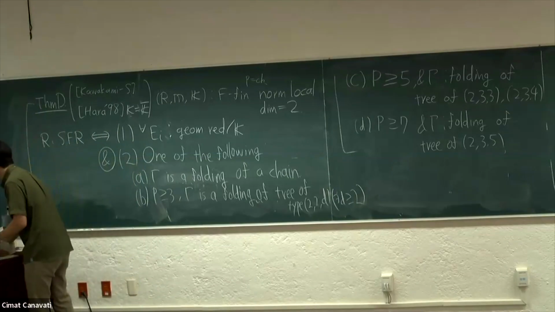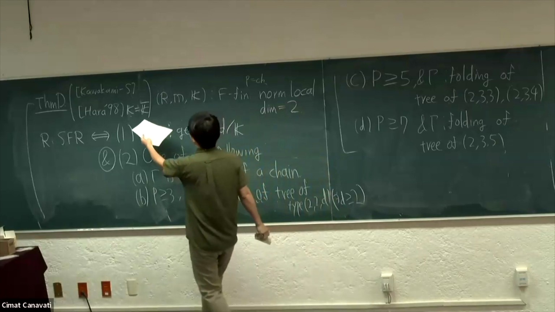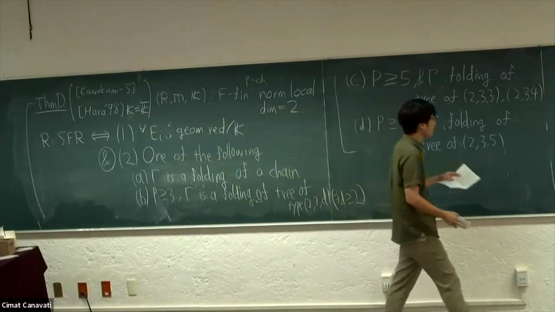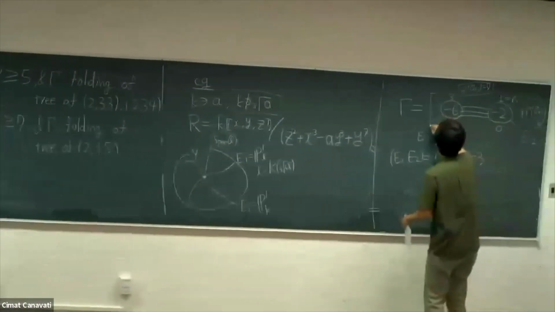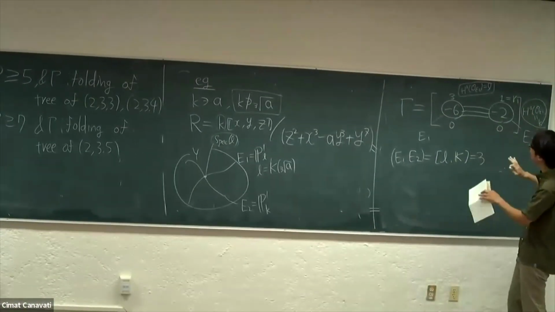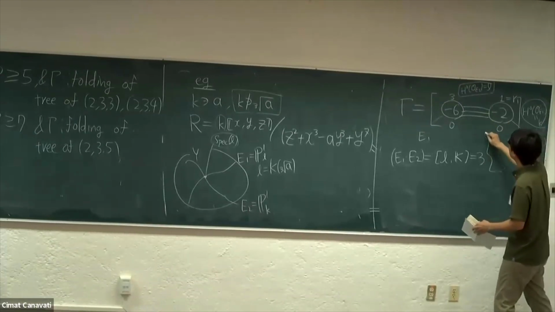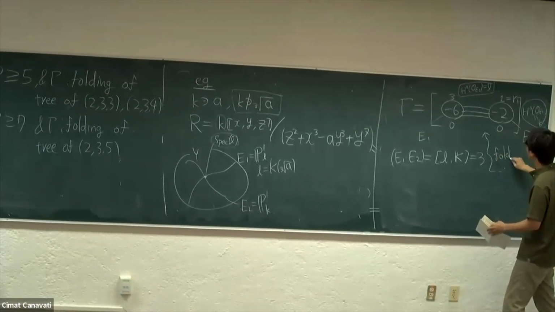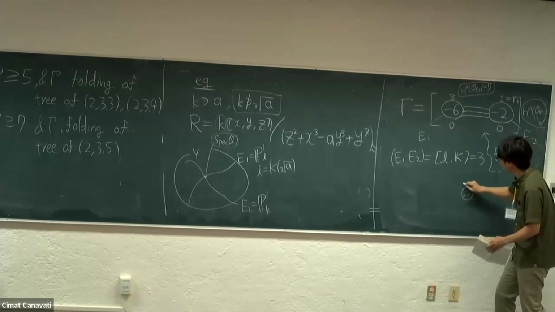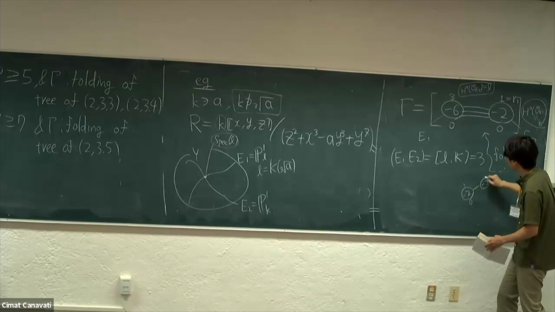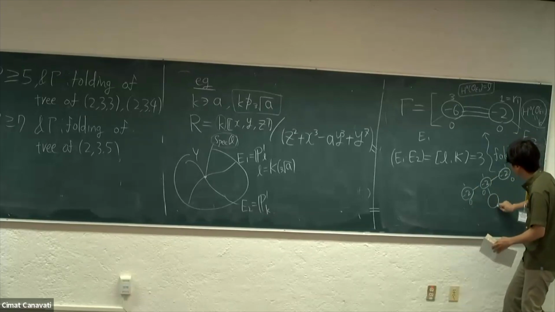Okay, so this is the classification of irregular singularities in the non-perfect setting. We explain by using an example. In this case, this is the folding of the graph like this: minus 2, 1, 0, minus 2, 1, 0, and minus 2, 1, 0, minus 2, 1, 0.